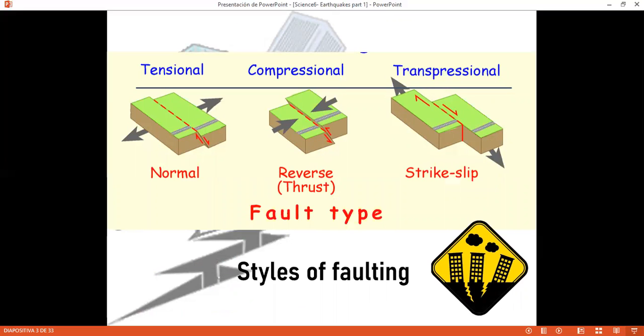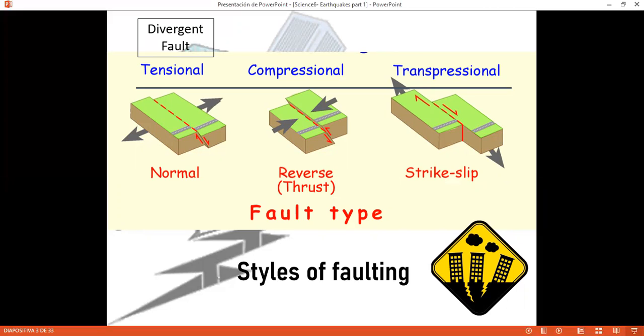So, we are going to review a little bit about the faults. We have the tensional or normal fault, which is also called a divergent fault, and this is the one where the plates move away from each other.